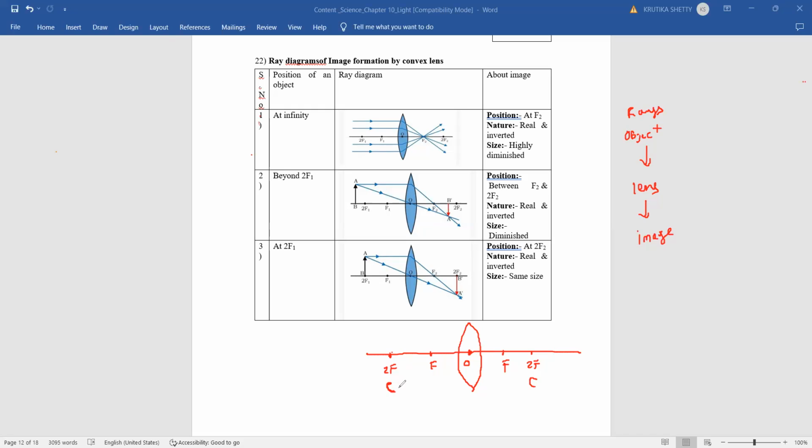Today I couldn't bring my textbook because the teachers told us soft copies are easy. Okay. In some books they use F and 2F, or they use F1, F2, C1, C2. I will let you know the two types.